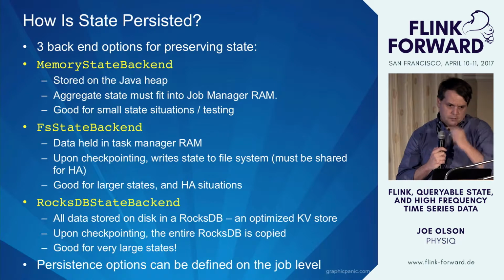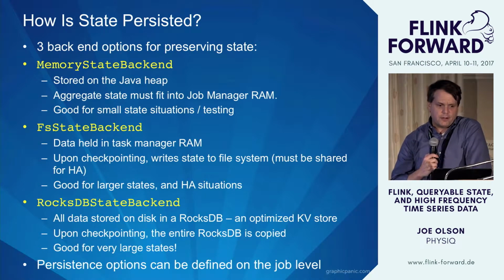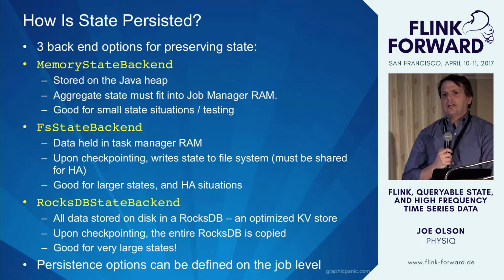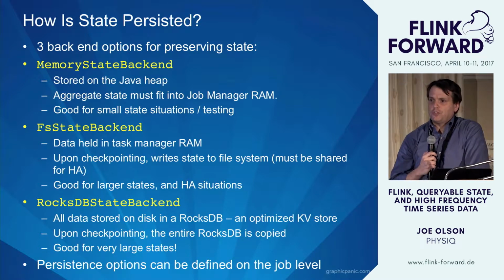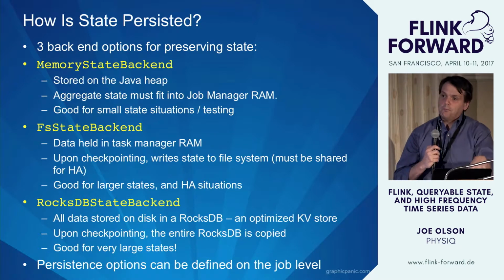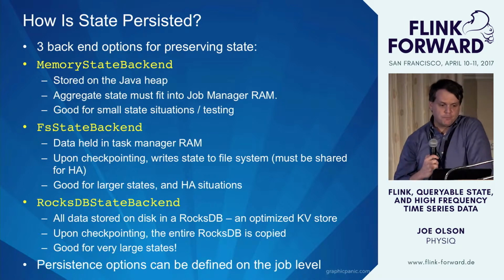Okay, since we're in a high availability, fault-tolerant environment, there are three ways you can persist state in Flink. When I say persist, I mean send it to disk so that if there's a situation with the cluster, another node can come in and pick up where the previous one left off. So the three backends for the state they give you: first, the memory state backend.